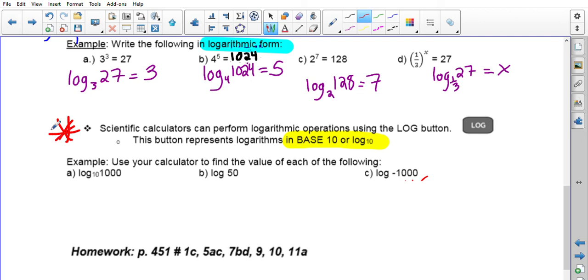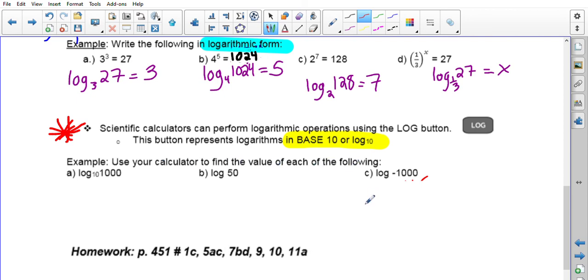Some calculators do allow you to change the base of log, but most calculators don't. And so when you're working with the log of base 10, that's the only time you can use the calculator button to solve. So for example here, use your calculator to find the value of each of the following.